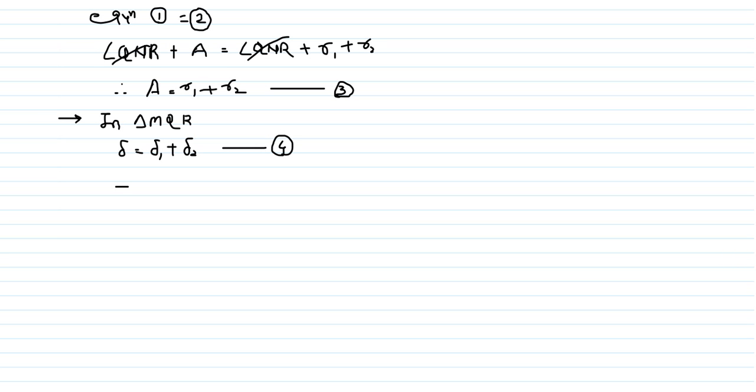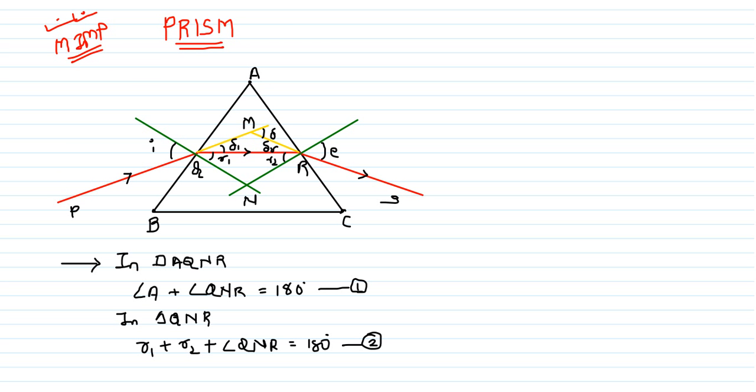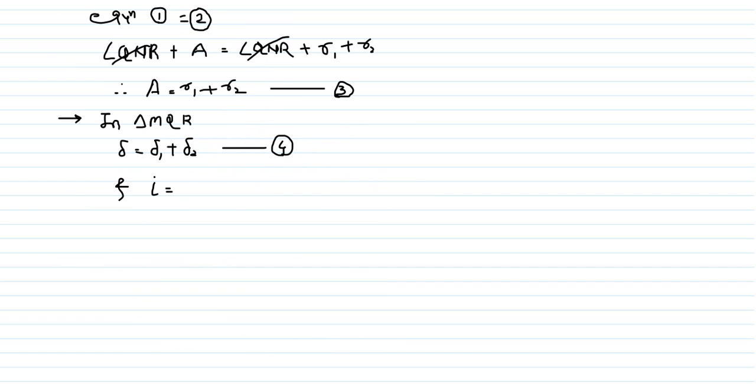And I is equal to delta 1 plus R1, therefore delta 1 is equal to I minus R1, and E is equal to delta 2 plus R2, therefore delta 2 is E minus R2.